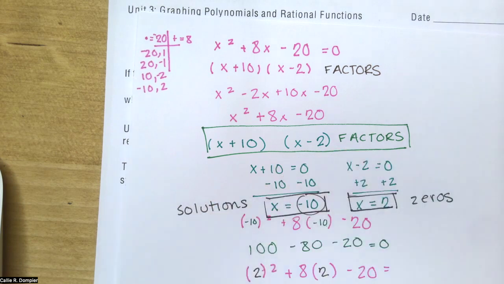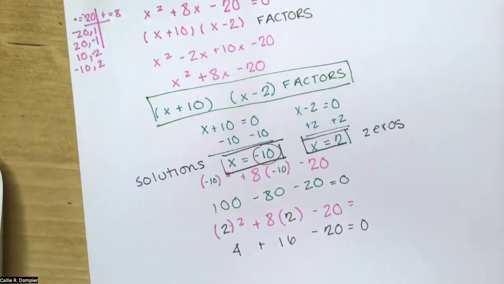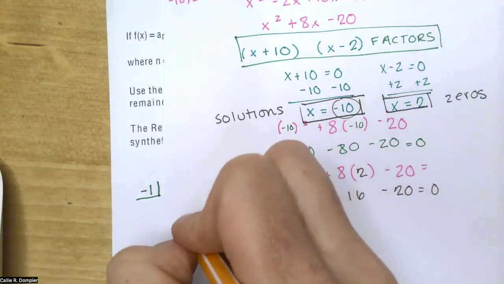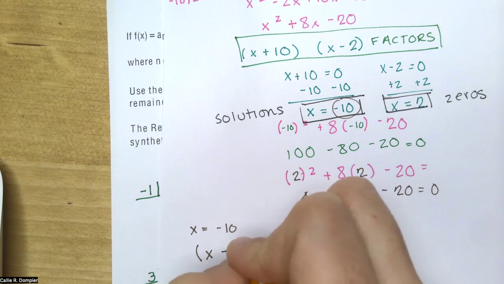Do you see any relationship between the factors and the zeros? The relationship I want you to see is that when I have my zero, x equals -10, I put it into x minus c as the c.